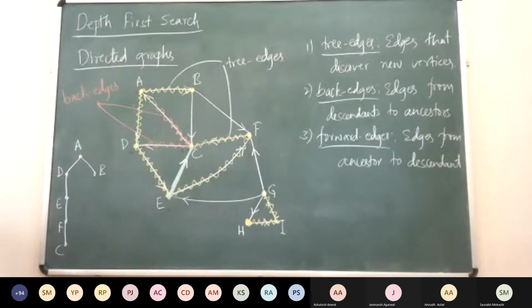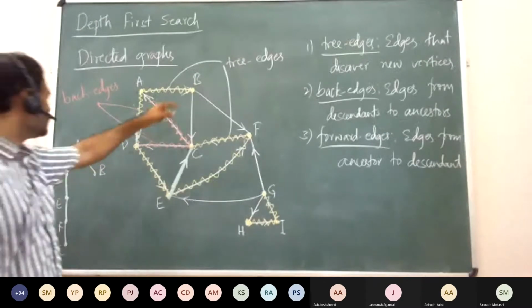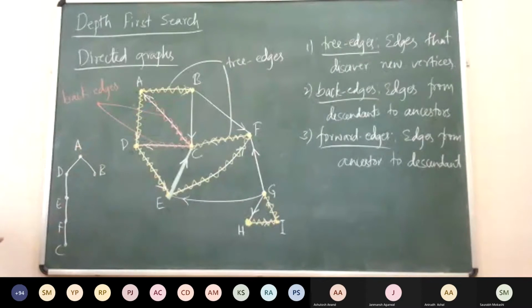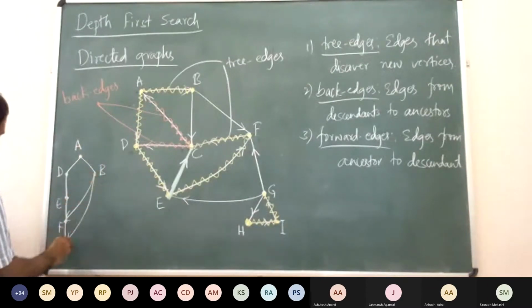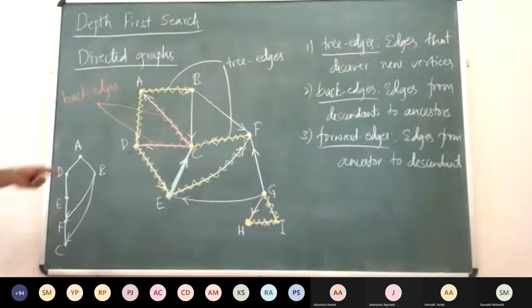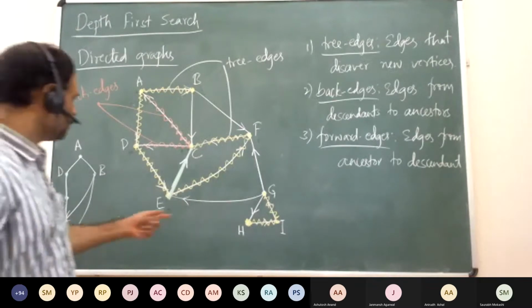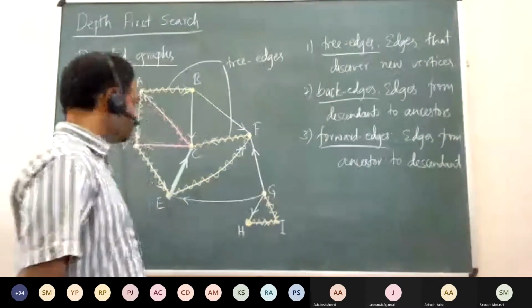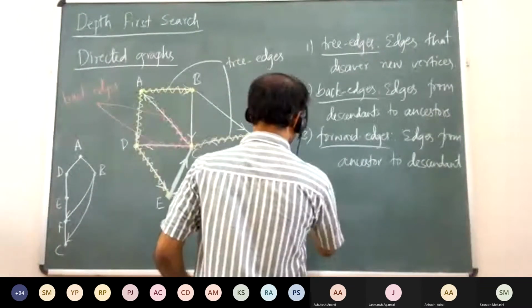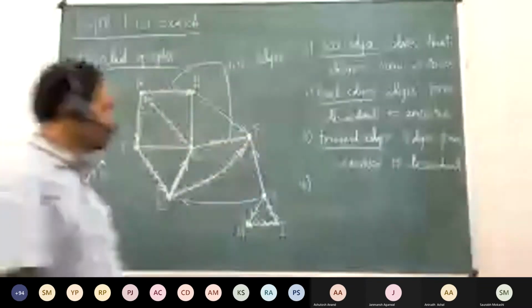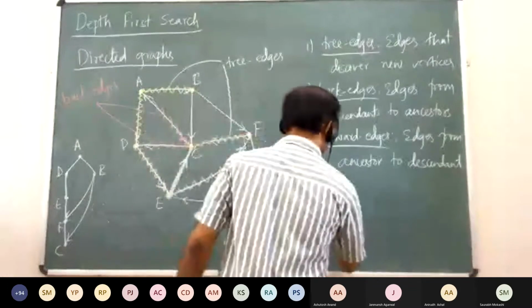So from B there are edges to C as well as F, right? Something like this. Okay. Notice that B and F or B and C, they don't have an ancestor descendant relationship, right? So neither are edges from G to F and G to E, right? All other edges which don't belong to these edges, we call them cross edges.